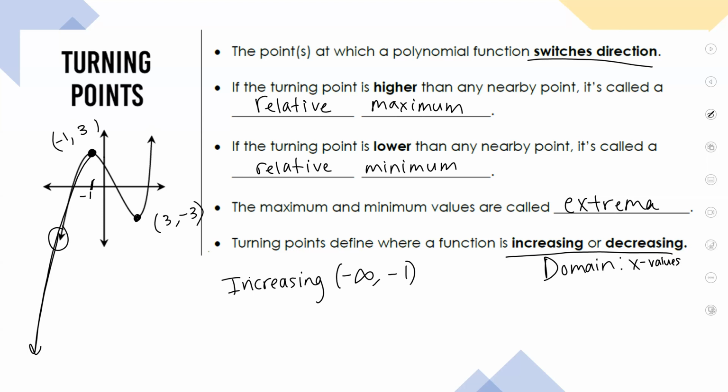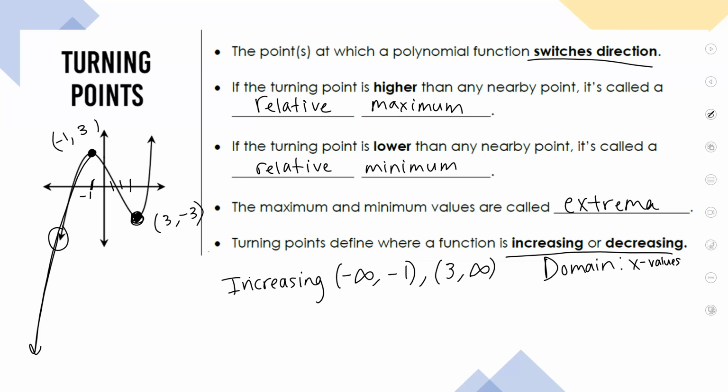Let's still talk about increasing parts. Where does it start increasing again? At 3, -3. At this turning point right here, it starts increasing at the x value 3. So it picks back up again at 3, and then it goes up forever. So those are the intervals at which they increase. And you just pay attention to the x values, okay?